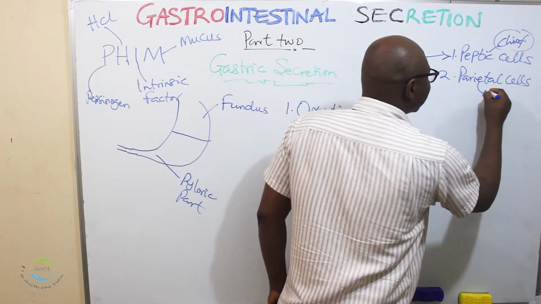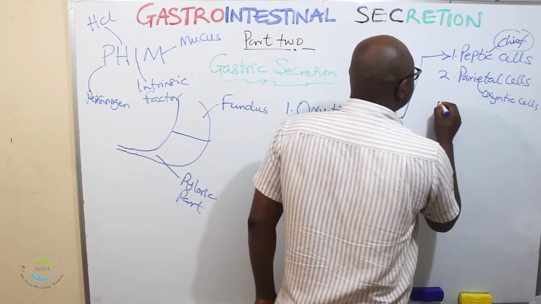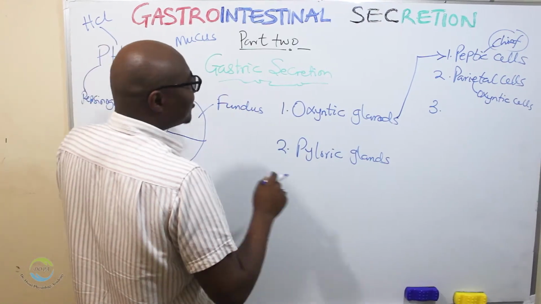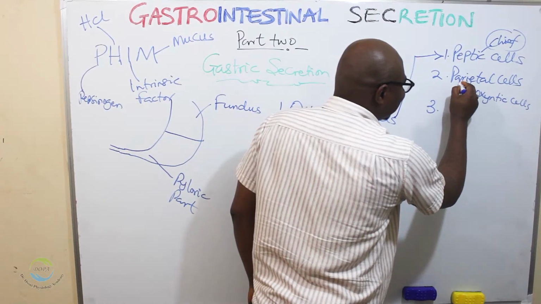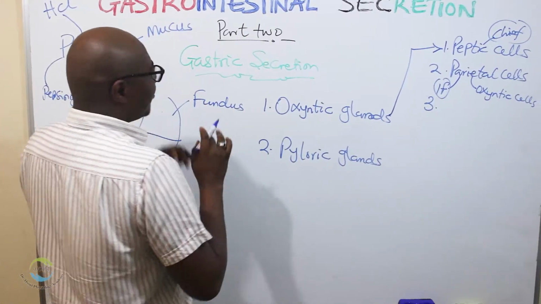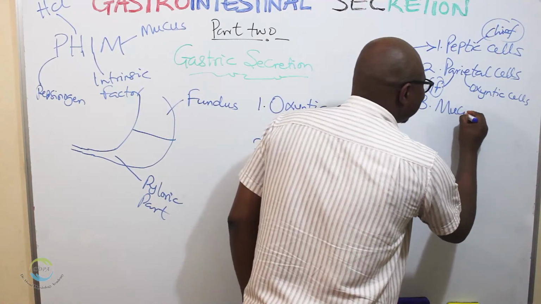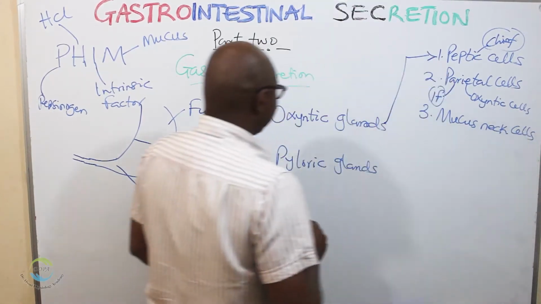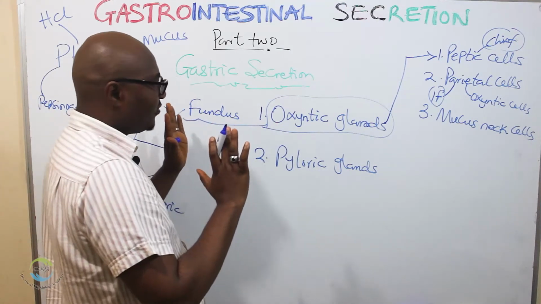It's also called oxyntic cells. Then number 3, intrinsic factor, is also secreted by the parietal cells. Then the M, mucus, is secreted by mucous neck cells. All right? So this is the oxyntic gland from the fundic part of the stomach.